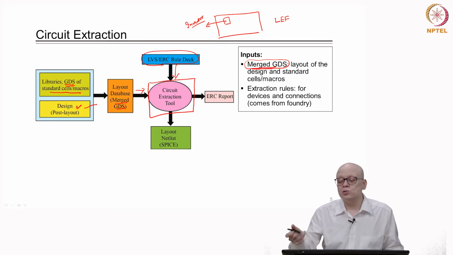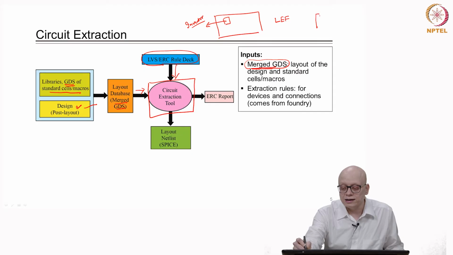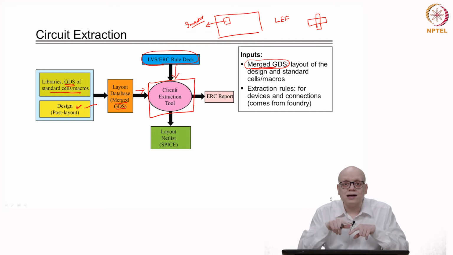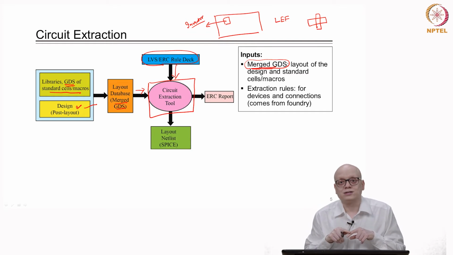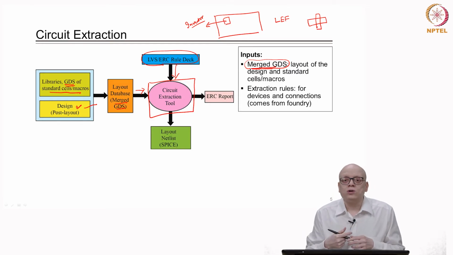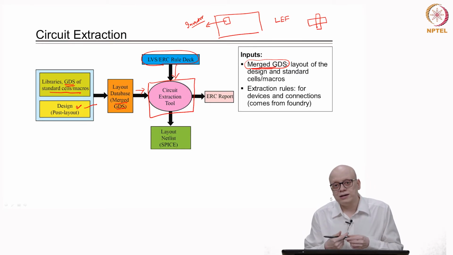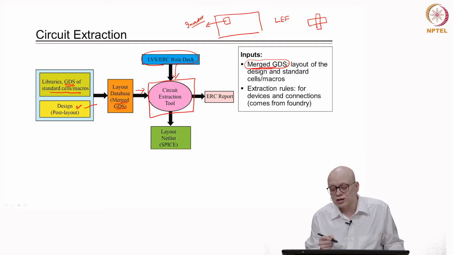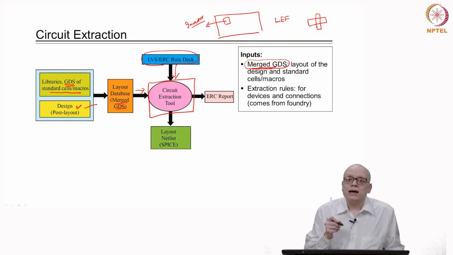For example, the rule can be that if there is a poly intersecting with, say, a diffusion layer, then that is an indication that there is a transistor at the intersection, right. Similar rules will be coded in the rule deck, and using those instructions or extraction rules, the tool will be able to extract various kinds of devices from the layout, right.